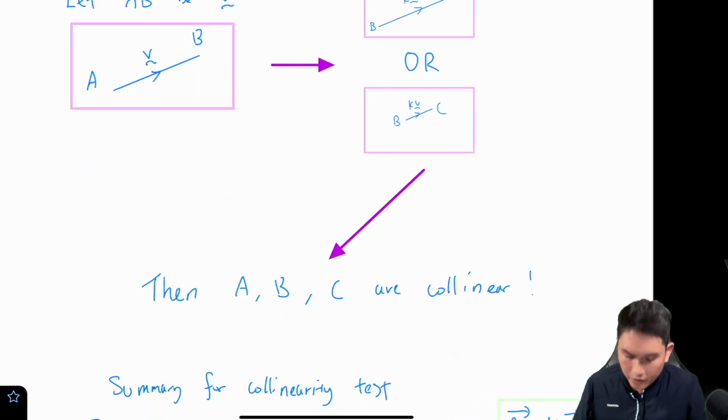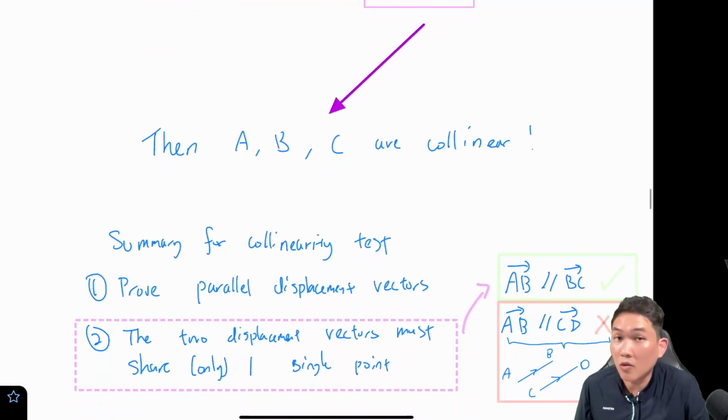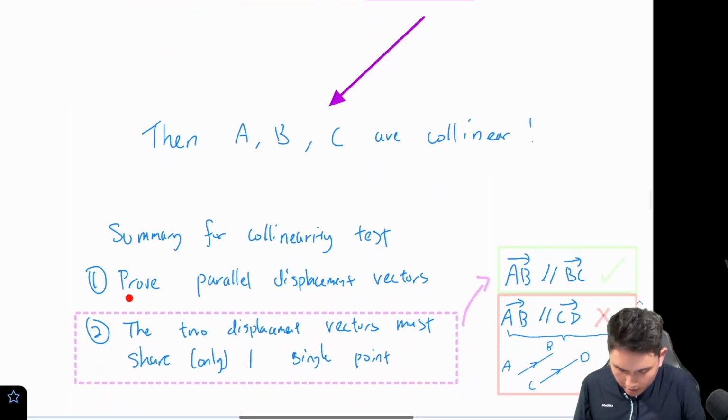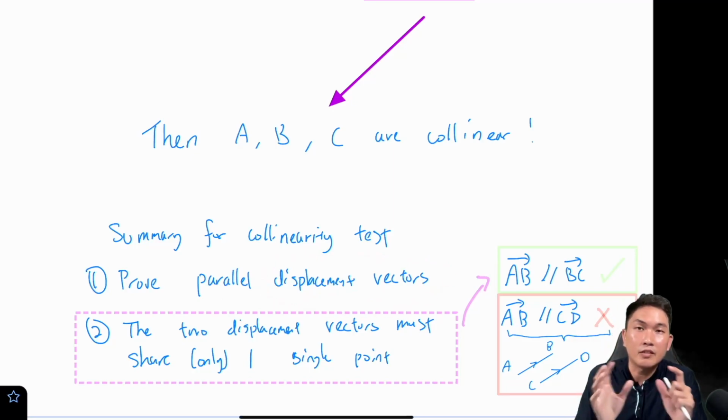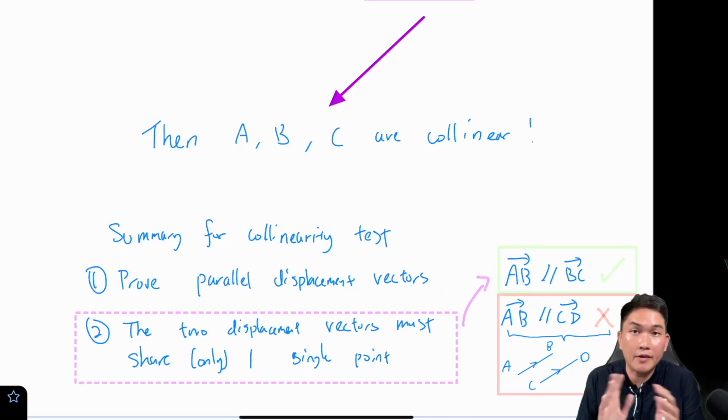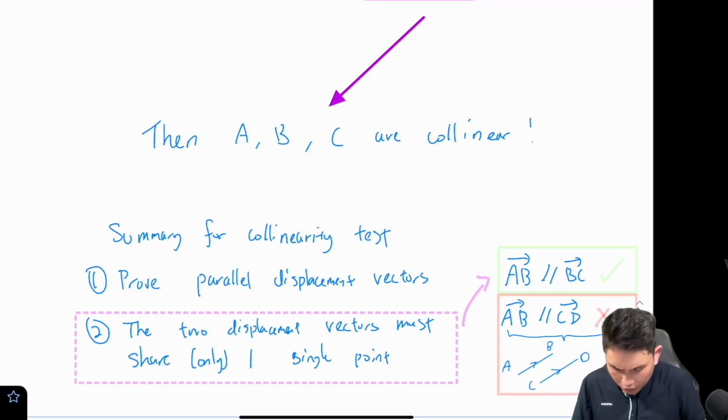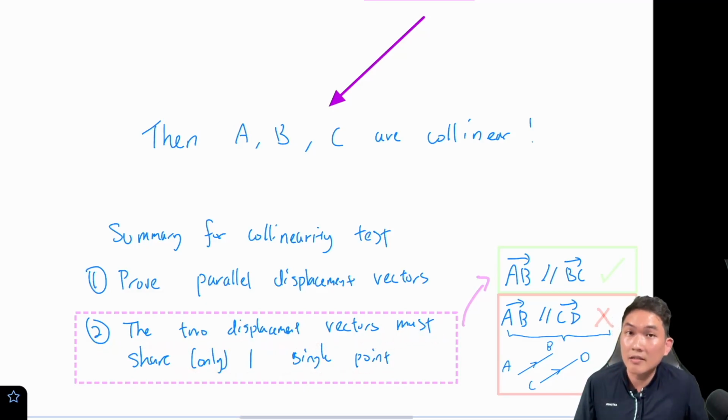So here's a quick summary on the test for collinearity. Number 1, you have to find displacement vectors, 2 of them, and prove that these 2 displacement vectors are parallel to each other. By parallel, we are really just saying they are scalar multiples of each other. Number 2, and this is rather important, the 2 displacement vectors must share one single point.